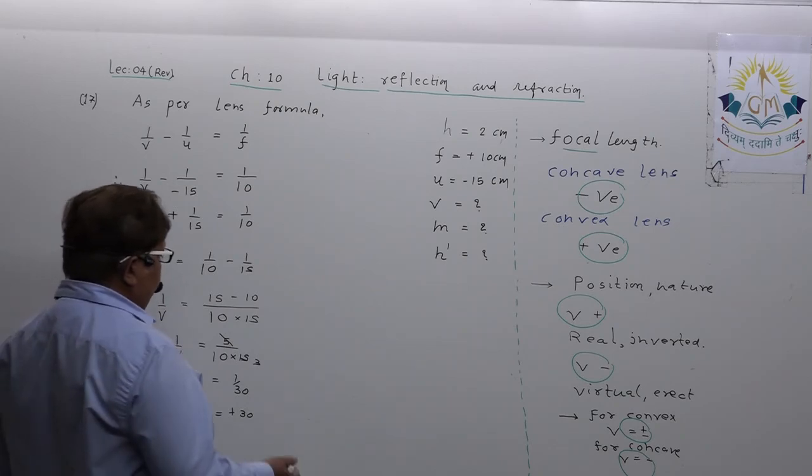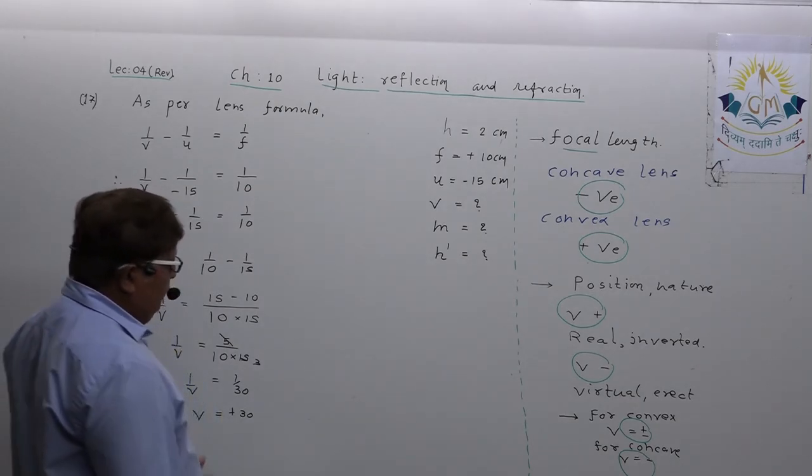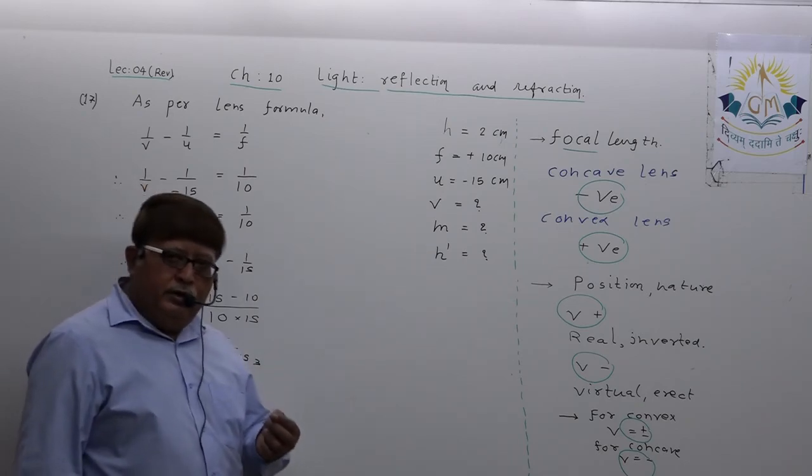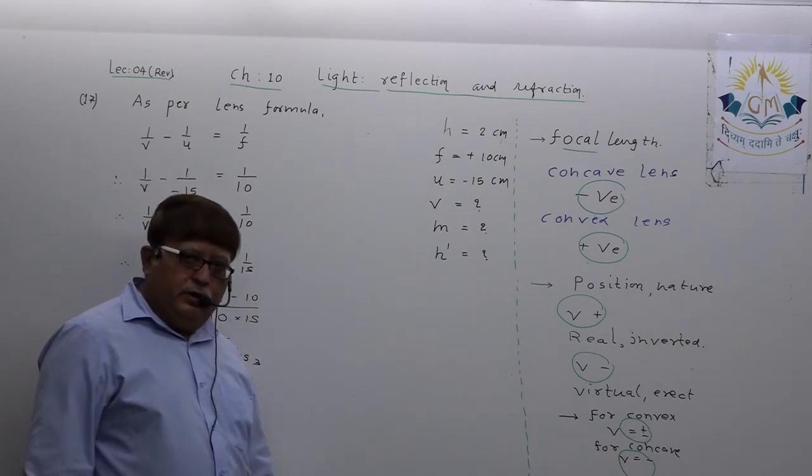Okay. So V is found out, which means you already got the position and nature of the image.